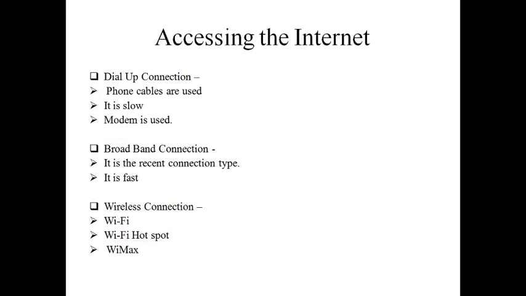Then there are different types of methods to access the internet. They are dial-up connection, broadband connection and wireless connection. First one is dial-up connection. Dial-up connection uses phone cables for connecting to the internet.